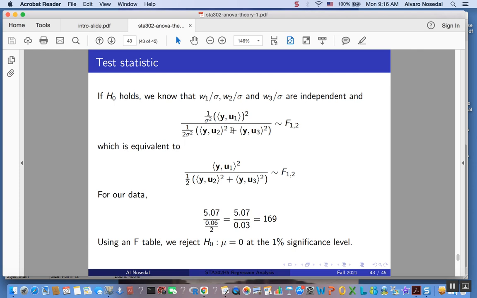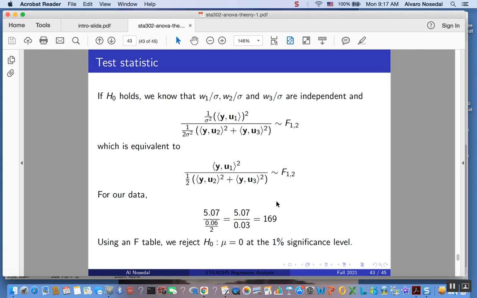So the ratio, under the null hypothesis, has this ratio, the one in the numerator and the one in the denominator, with expected values 1 divided by 1, which is 1. So under the null hypothesis, the expected value for the whole thing should be close to 1.